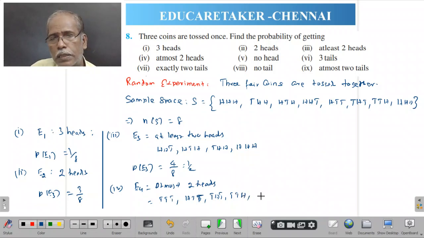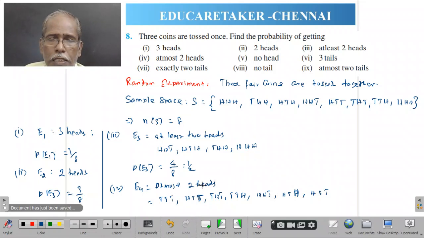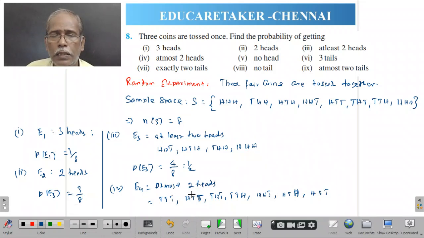Then 2 heads and 1 tail: head, head, tail; head, tail, head; and tail, head, head. So 1 plus 3 plus 3. At most 2 heads, we have to leave only the 3 heads possibility. So 7 favorable, and the corresponding probability P of E4 is 7 over 8.